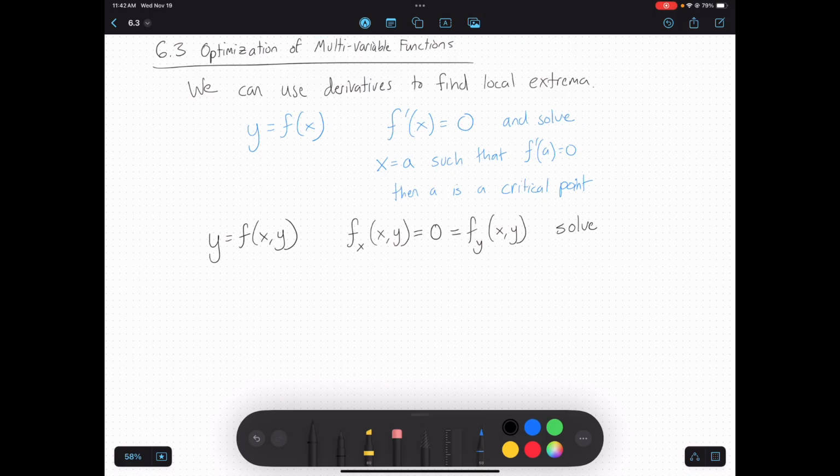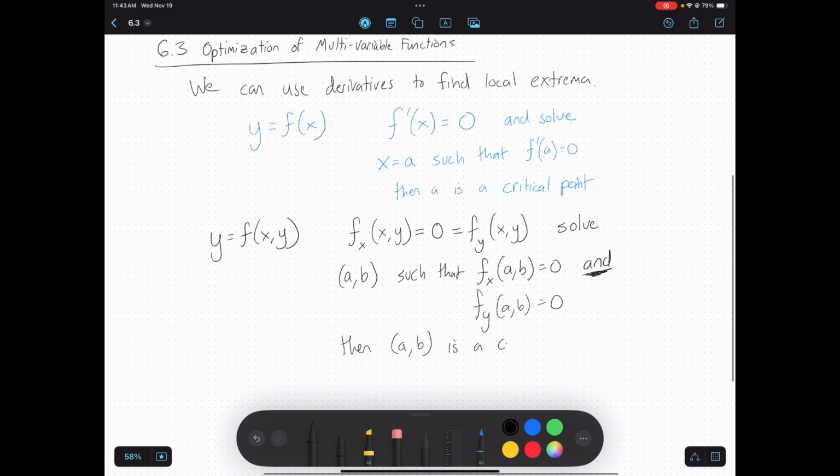And if I come up with a point (a, b), notice it's a combination of both an x and a y value because they're 2 independent variables. If I come up with a coordinate (a, b) such that the partial derivative in terms of x is equal to 0 at that point, and the partial derivative in terms of y at that point is equal to 0, then (a, b) is a critical point.